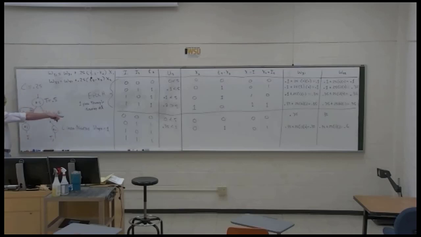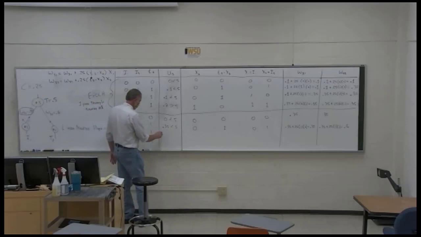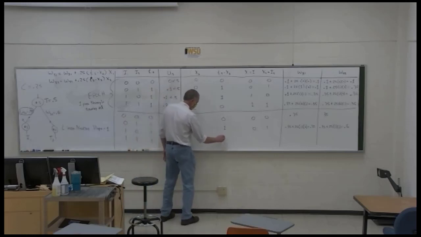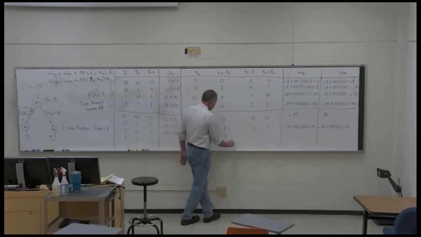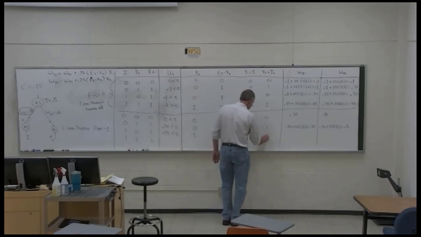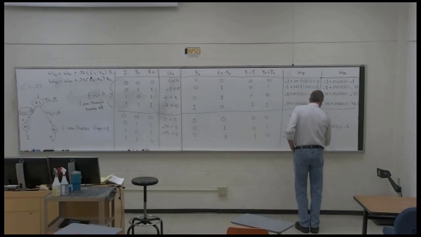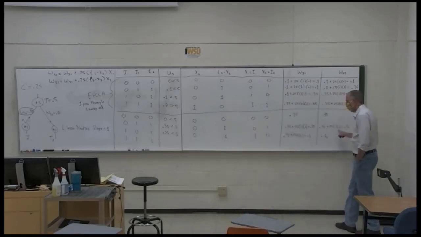Okay, let's jump down to the next training pair, 1, 0. 1 times 0.35, 0 times 0.6. No firing, 0 output. Error is 1. That weight takes the update. This one does not because the signal is 0.